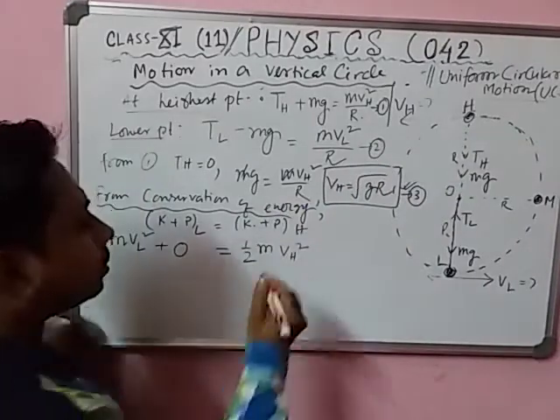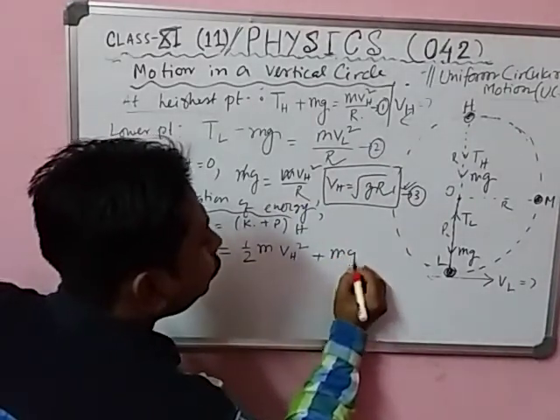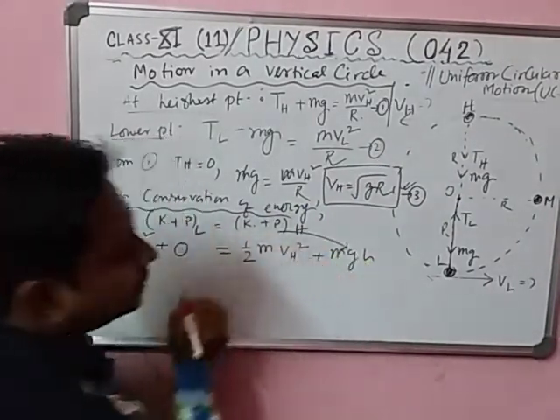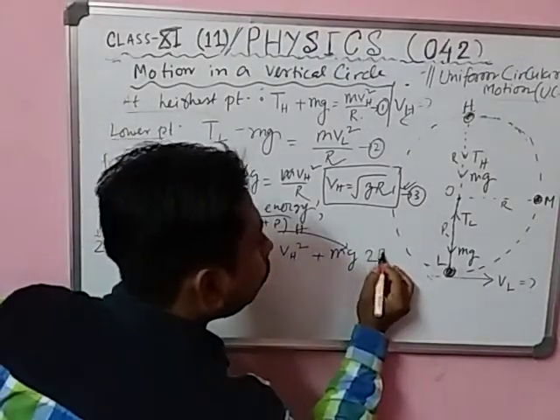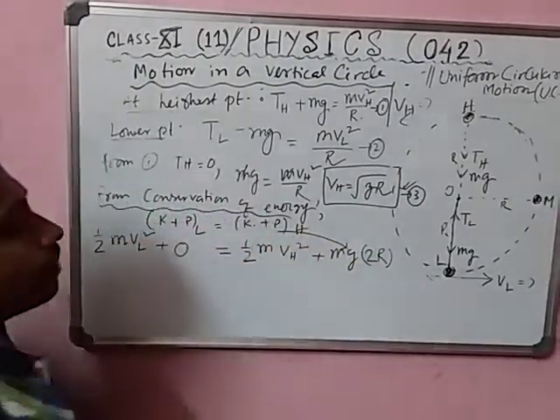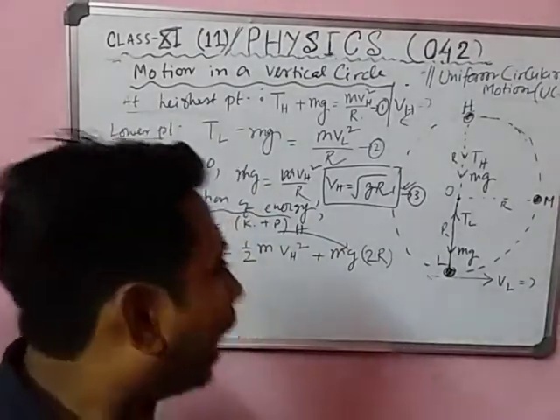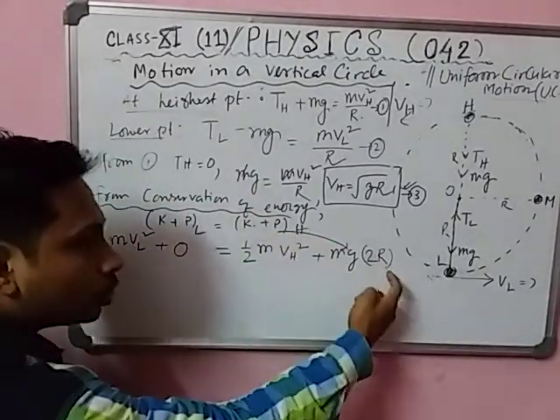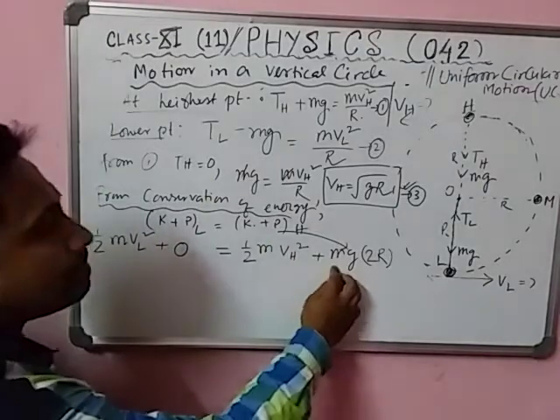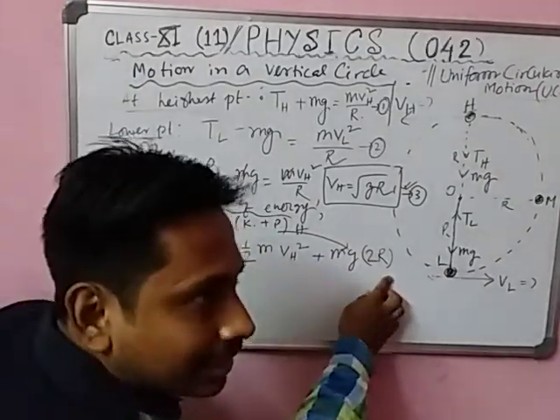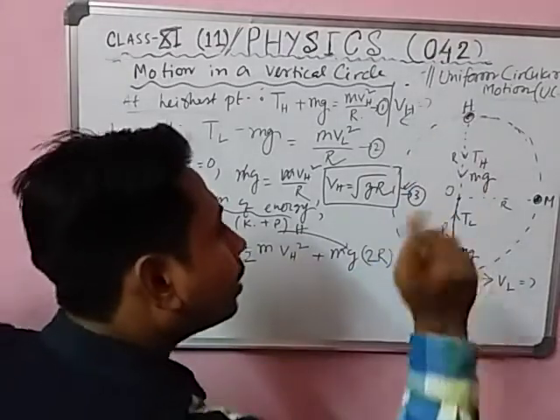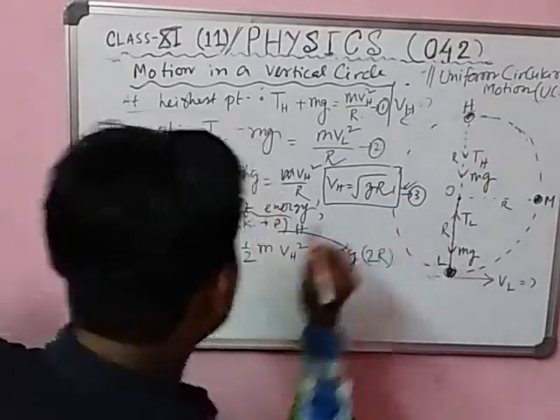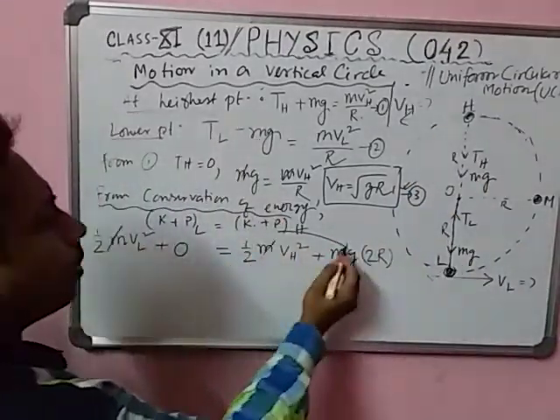So in place of height in mgh for the potential energy, we put 2R. Because in mgh, in place of h we write 2r. Now m cancels from both sides.